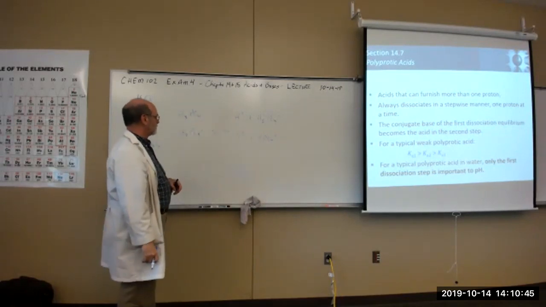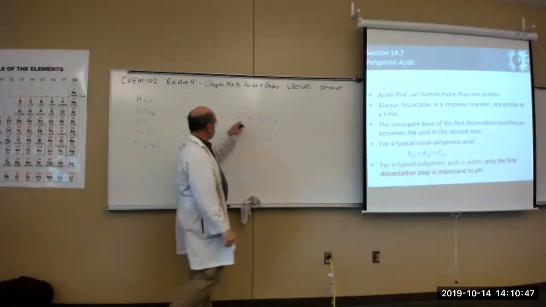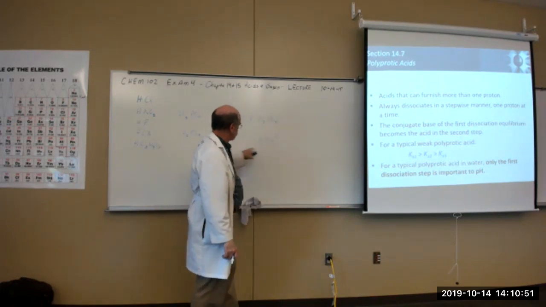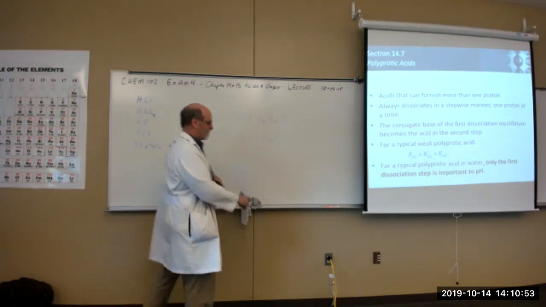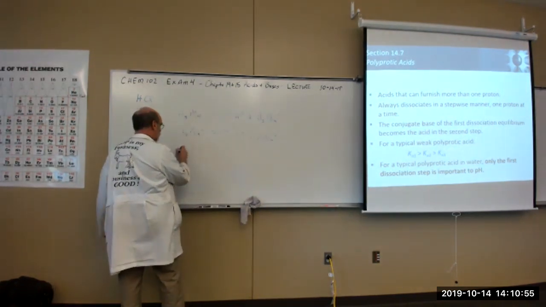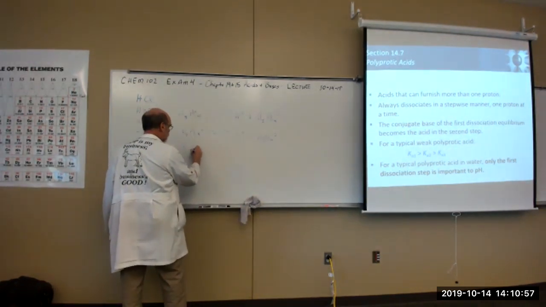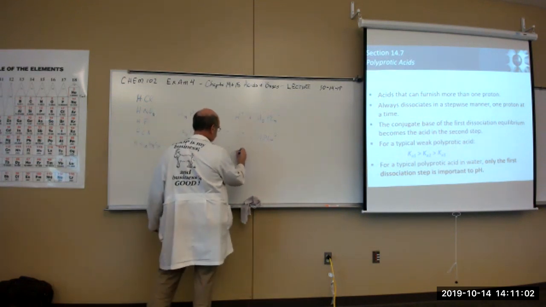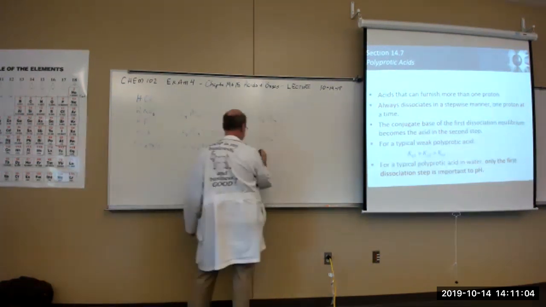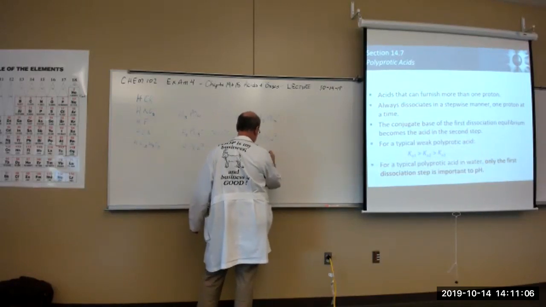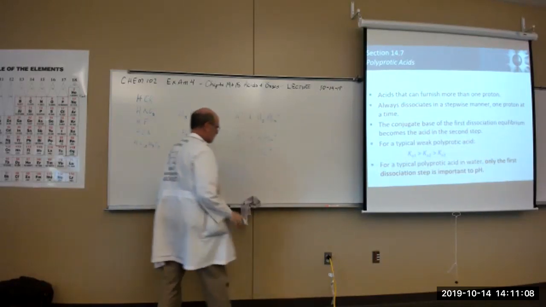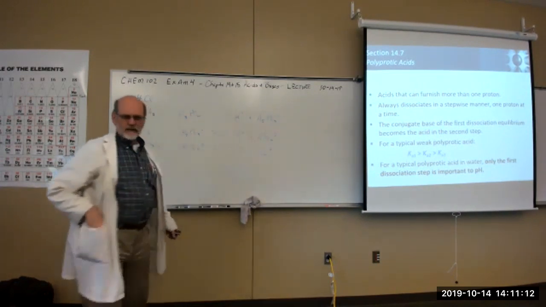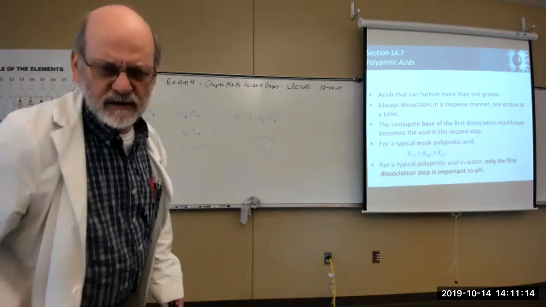Okay? So we lose 1 proton here, that makes this a minus. This was already a minus, so we lose another proton, makes this one 2 minus. And that one has 1 proton left. It can dissociate some more. Make 3 minus. I'm not going to use blue anymore. I'm not even sure you can see that very well.